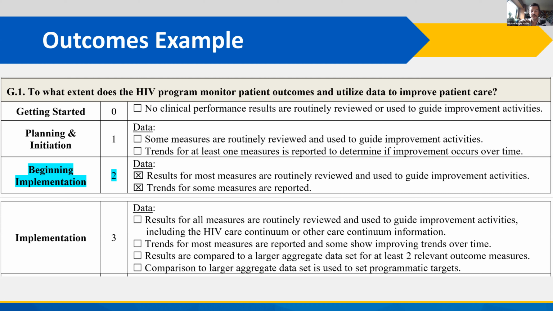Instead, we're looking at measures to routinely review and guide improvement activities, including the HIV care continuum or other care continuum information. And we should be comparing our data to a larger data set for at least 2 relevant outcome measures. Any advice from anyone on the call around what we would advise folks in the field for this?